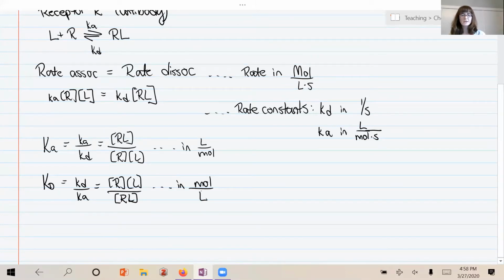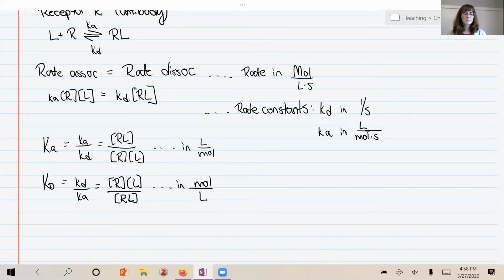And so you can ask yourself at this time, which of these units works better in terms of values that we would use in the laboratory? Would you rather work in units of mole per liter, which is molarity, or in liters per mole? And you can see right away why we always use Kd. It's because having your dissociation constant in units that you could actually quantify in the lab in terms of concentration is very convenient.